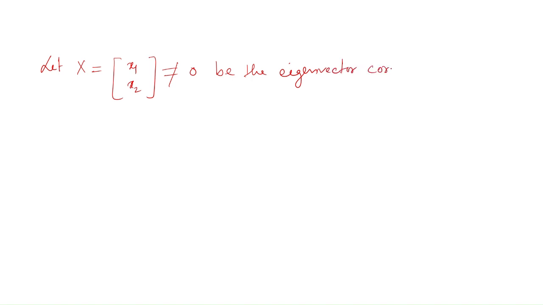Now let us take x, with elements x1, x2, which is not equal to 0, to be the eigenvector corresponding to the eigenvalue lambda 1 equals i.